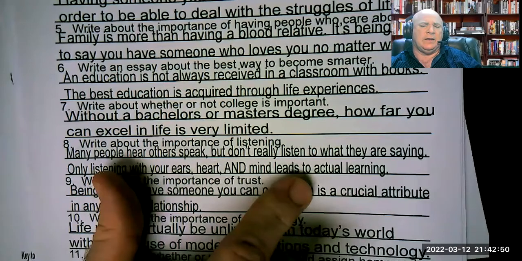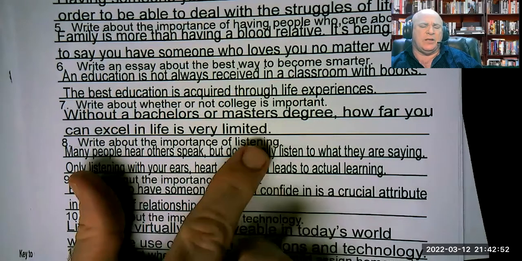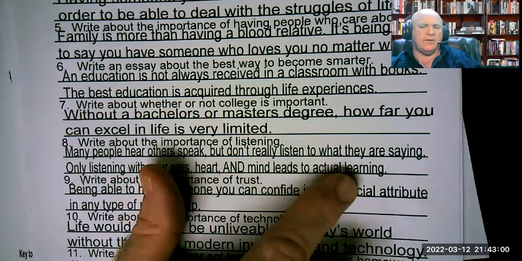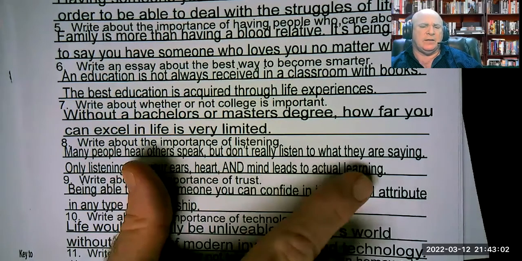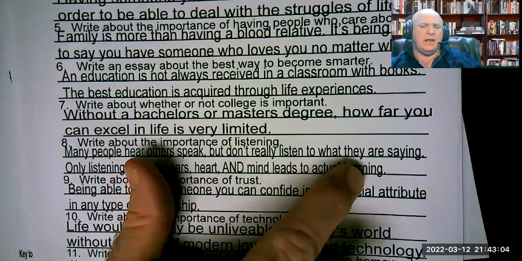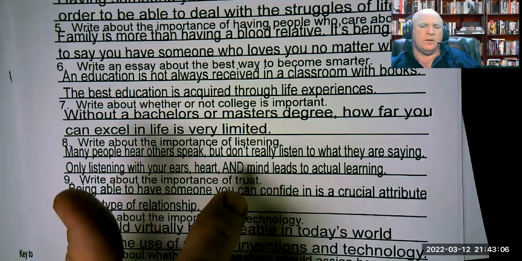And it can be educational. It can be learning to be a better friend, because my word learning right now is kind of abstract, and I didn't say what we'll be learning.